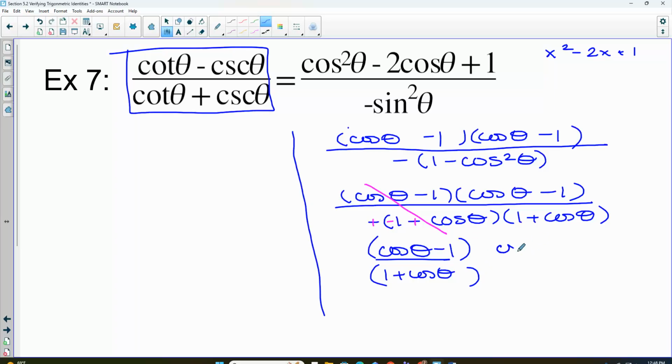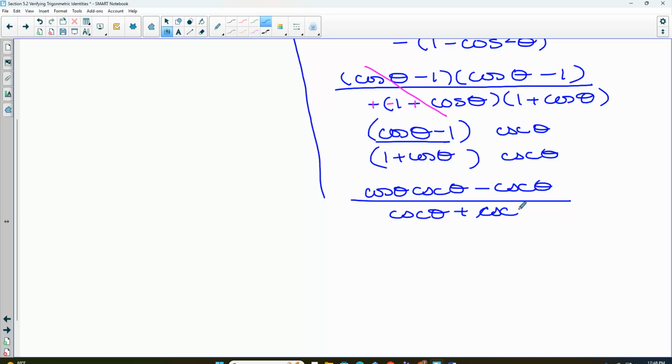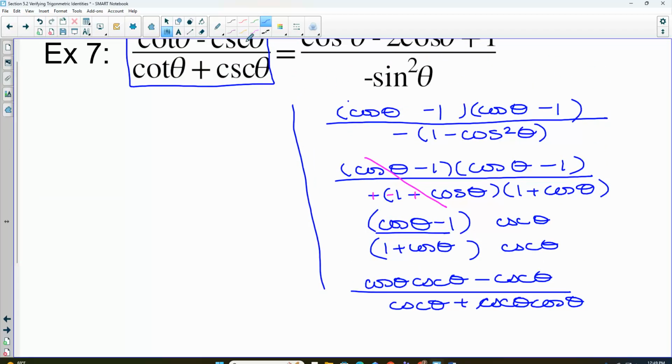I think we could go with your first one. What would happen if we multiplied by cosecant on top of that? It's closer. I now have the minus cosecant. I have a plus cosecant.